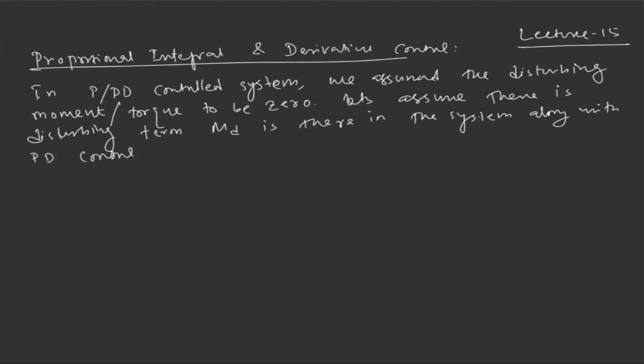So we'll take you to the motivation why you have to consider integral control. So here we'll be going with the PD control with disturbance. Let's see how it is happening.